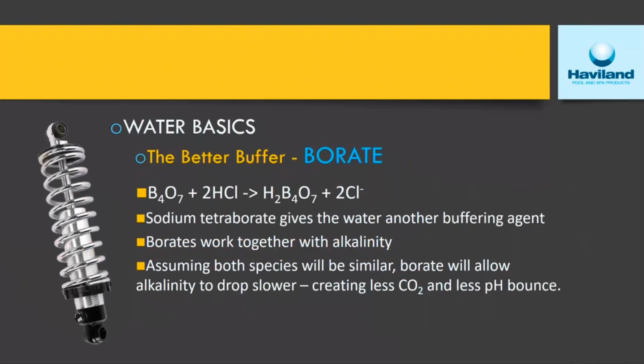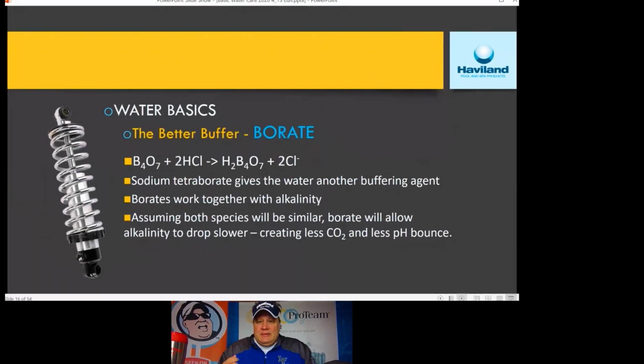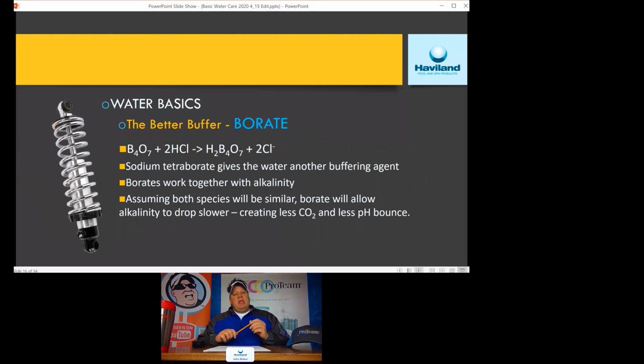So, how can we improve our buffering system for our pH? Well, there's something called borate. And this stuff is probably the least used chemical that we have in the swimming pool industry. This stuff is mined. They dig it up out of the ground. It's a white powdery substance, right?